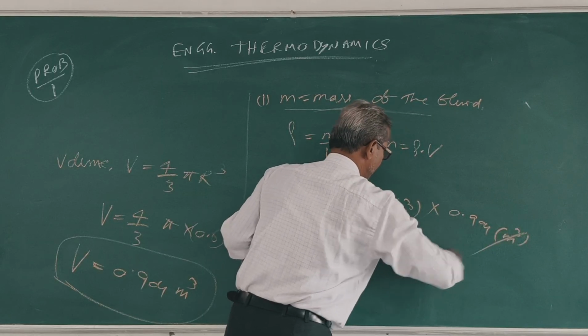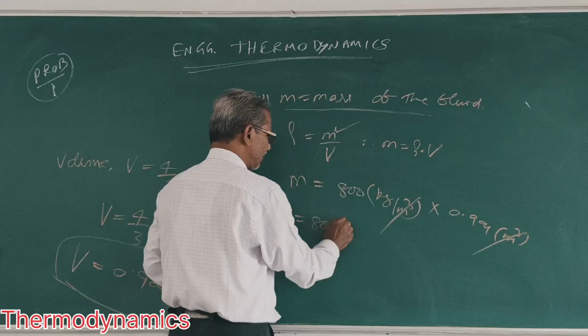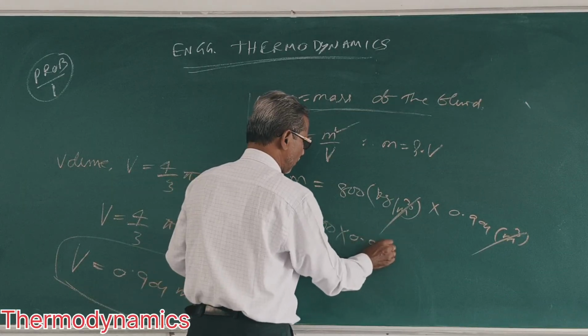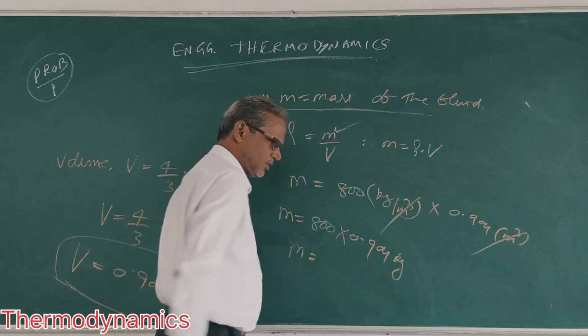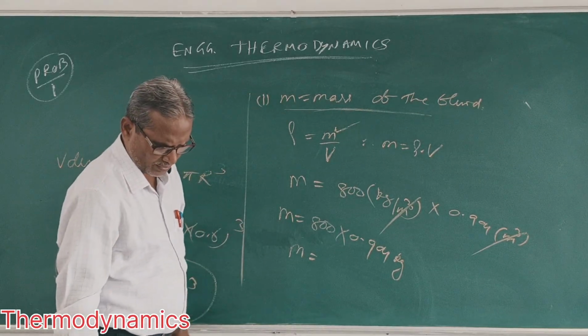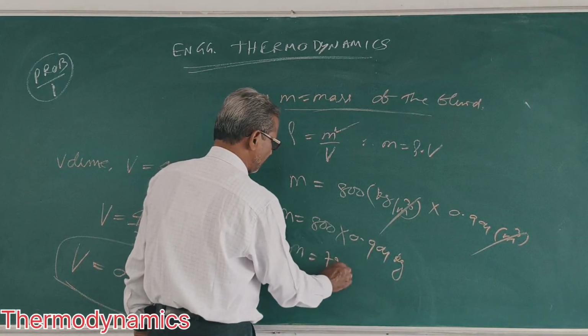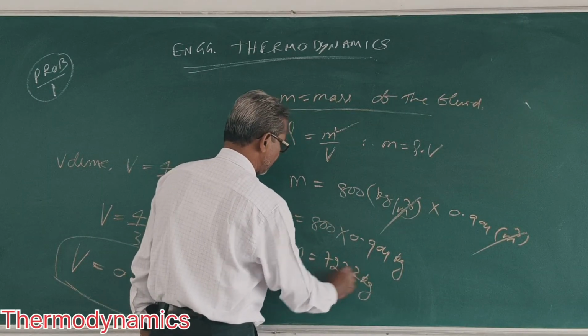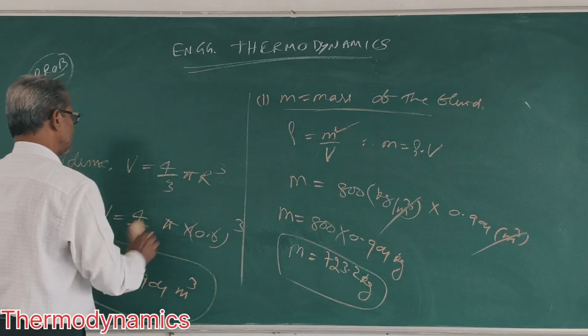Meter cube cancels. So M is equal to 800 into 0.904 kg. Clear? Use calculator and find answer. This may be 723.2 kg, the mass of the fluid.